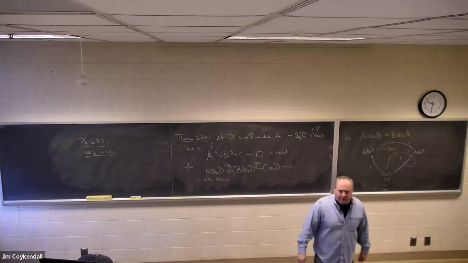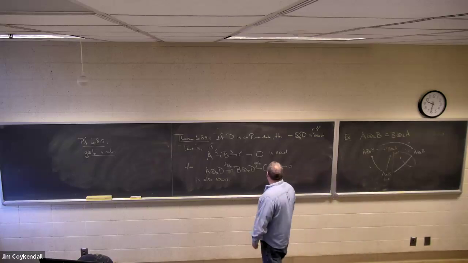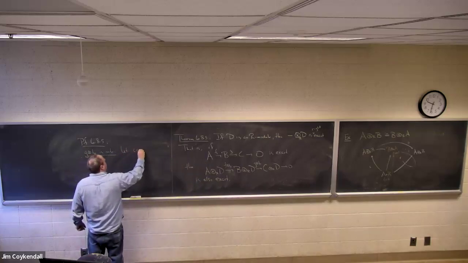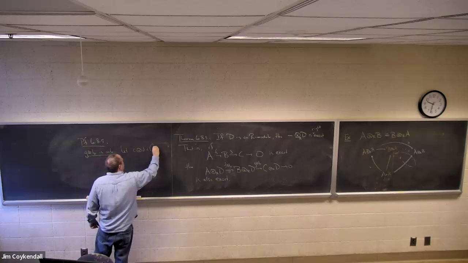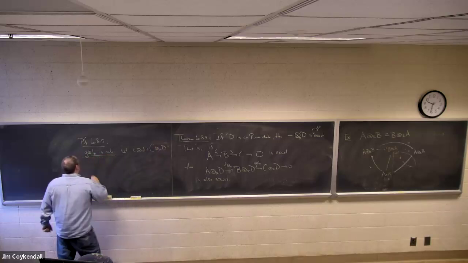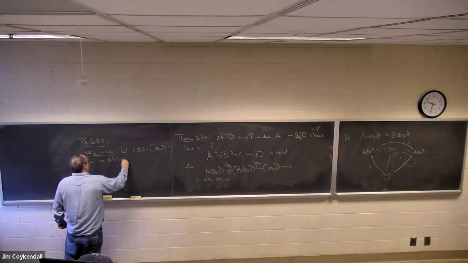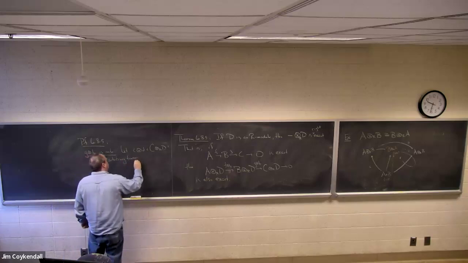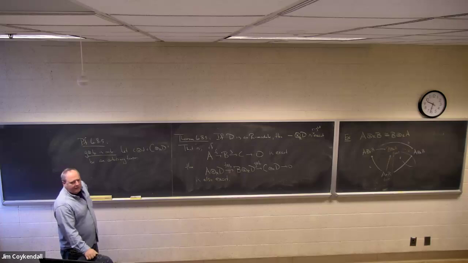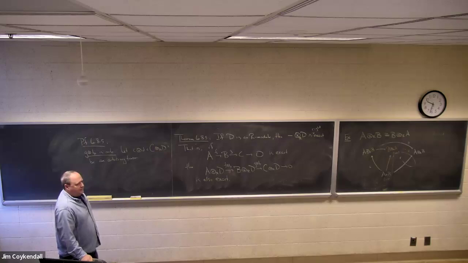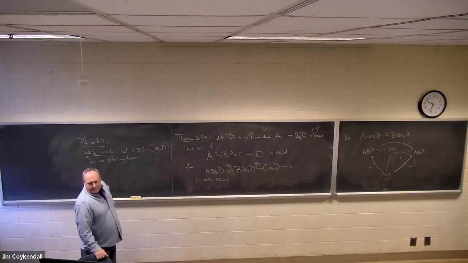How do I know that G tensor 1D is onto? Well, this one's not too bad. Let C tensor D be arbitrary. What do we know about the map G?